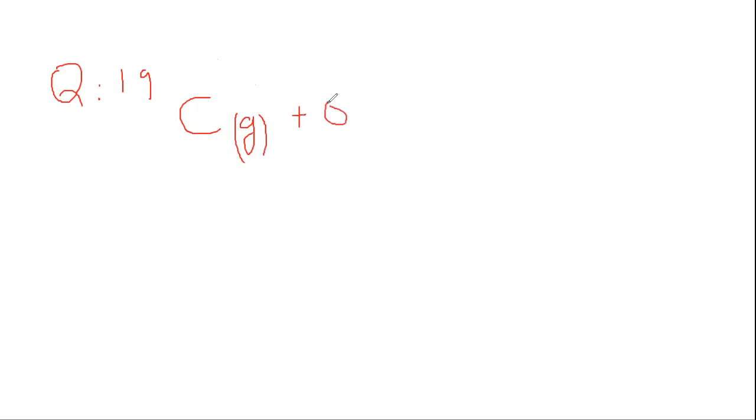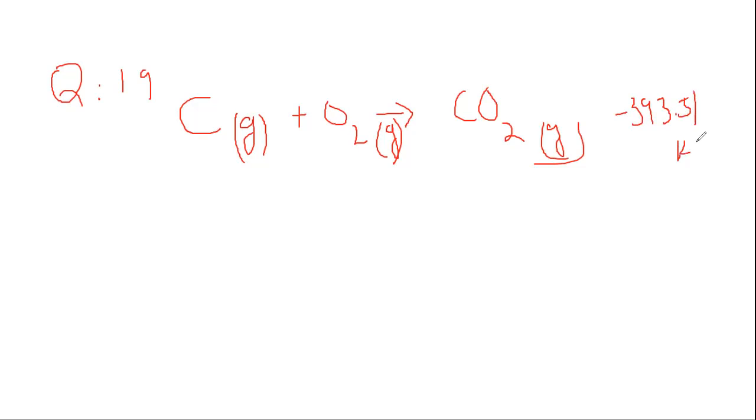So the combustion of this graphite, meaning burning in the presence of oxygen, will give you CO2 as a gas. This is graphite, this is oxygen gas, and your product is carbon dioxide gas. Enthalpy change is minus 393.51 kilojoule per mole.